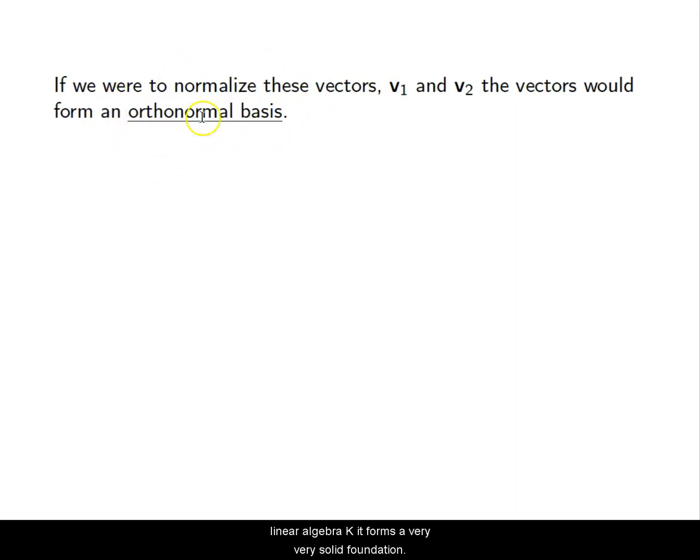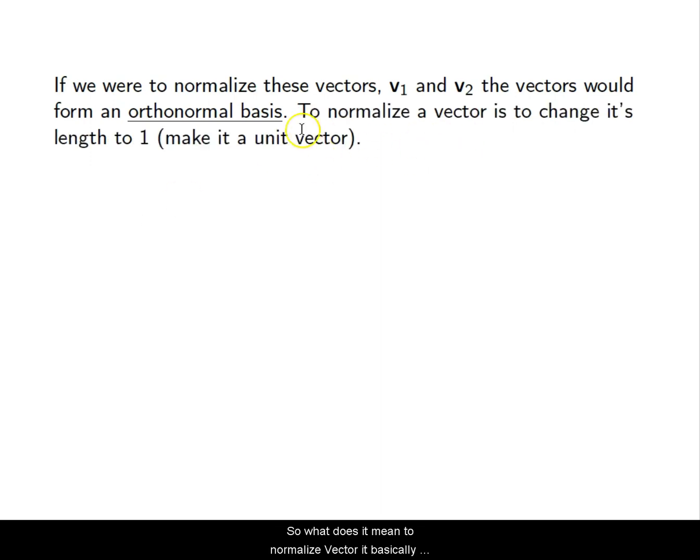Okay, it forms a very solid foundation that we are then able to build off of and do lots of really cool things. So it's very important to have an orthonormal basis. Again, it makes things a lot simpler for some of the things that we need to do. It's a very solid foundation for the math that we have to build.